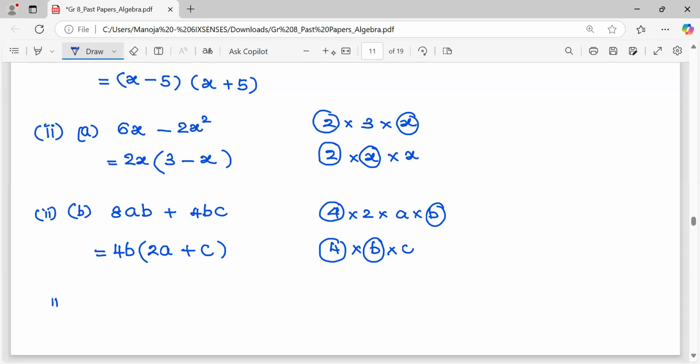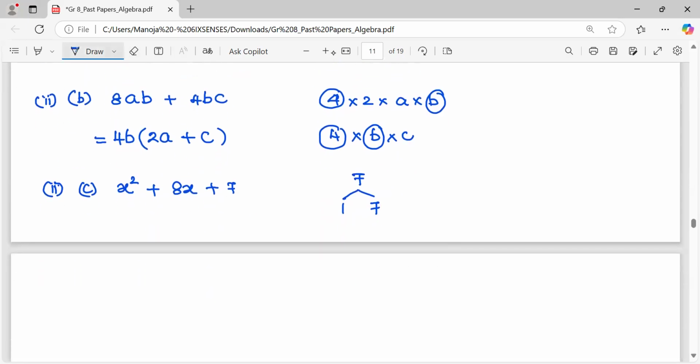Then I will move to the same question, part C, x squared plus 8x plus 7. We know that 7 is a prime number, therefore we have only one option here, 1 times 7. So how are we going to write it? Down I write x squared plus 7x plus 1x plus 7.